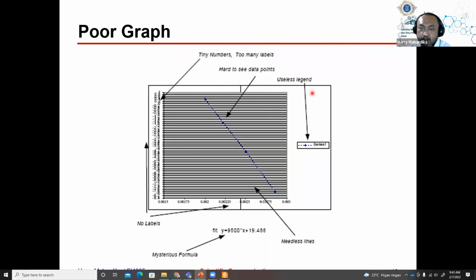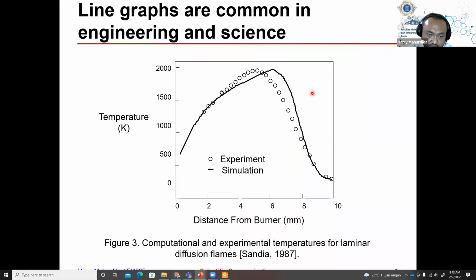if it's necessary, because sometimes, if we take this one as an example, the information given in this figure doesn't require any title on top of the figure, because the explanation of this figure can be given in the figure caption itself. Here, Figure 3 shows computational and experimental temperature for laminar diffusion flames.